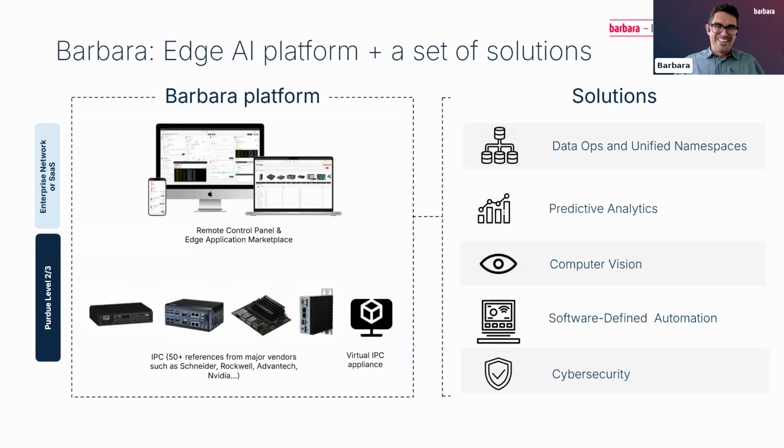So we are going to speak about data operation and unified namespaces as a way to get information from silos, from different places in my enterprise, and get all the information, normalizing it and putting it in a single source of truth. We will see it. We also have a solution called predictive analytics.